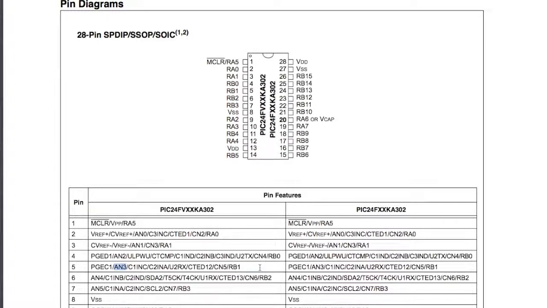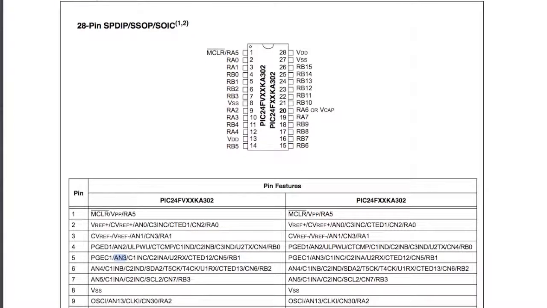And in fact, this PIC and all Microchip PICs default to analog first. So there'll be things later on that we'll learn about. So you can take a look at all the other features here, how they're shared, and just do some exploring there. Okay, so that concludes this video on Microchip and the PIC family of microcontrollers that we're going to be looking at.